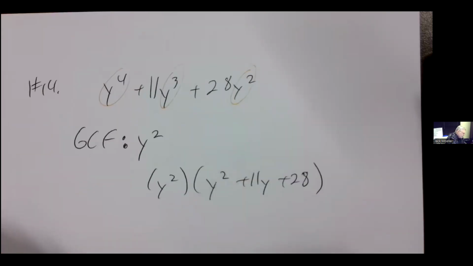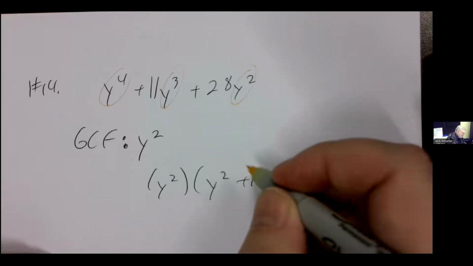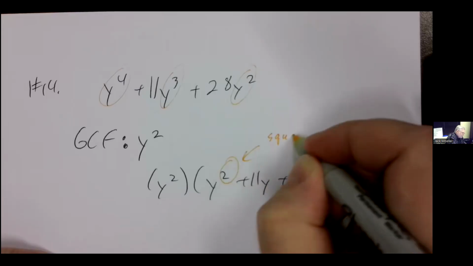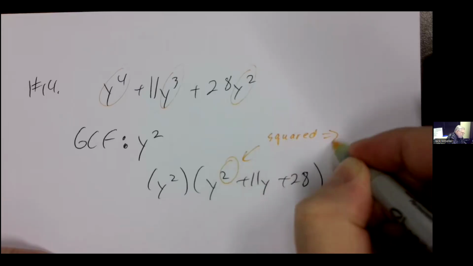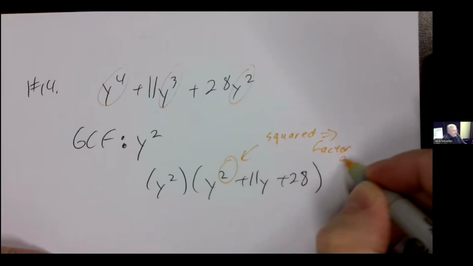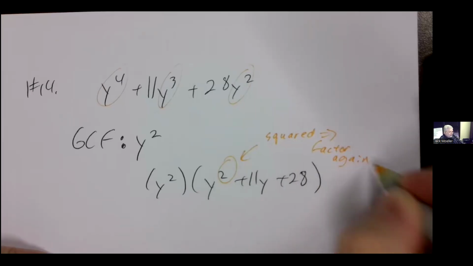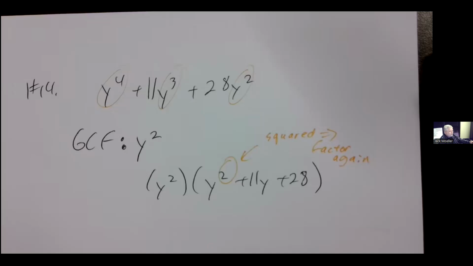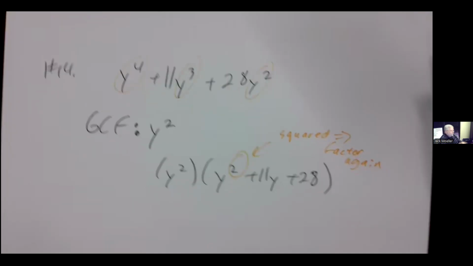So the fact that this is squared tells me it's probably going to have to factor again. That's not a 100% guarantee, like we were doing in the homework, but this is on the test. And so for those who watch the video, I'm telling you, this is what this last factoring problem is going to look like.